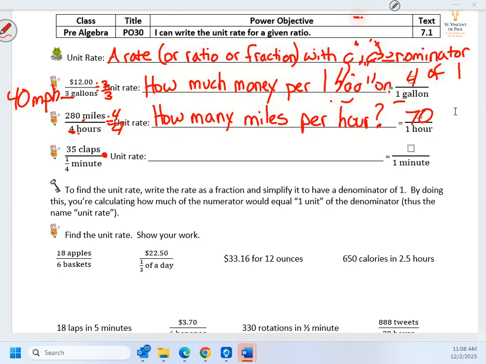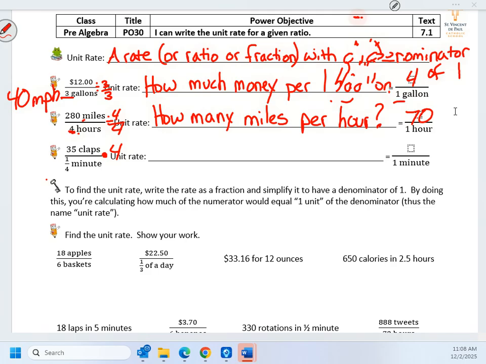Multiply. Multiply what? By 4. Because 1/4 times 4, 4 we know is 4 over 1, right? So I get 4 over 4. What is 4 over 4? It's 1 whole. So if we have a fraction as our denominator, we're not dividing down, we're multiplying up to get to 1 whole.